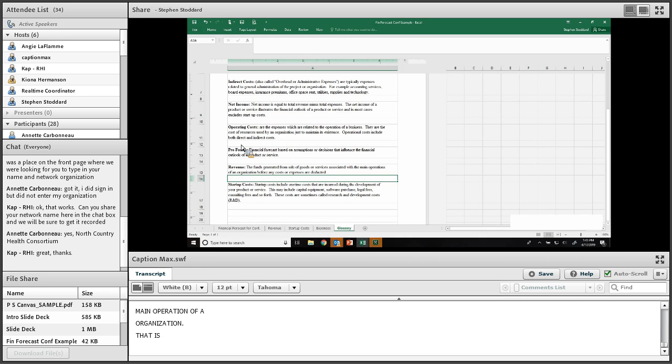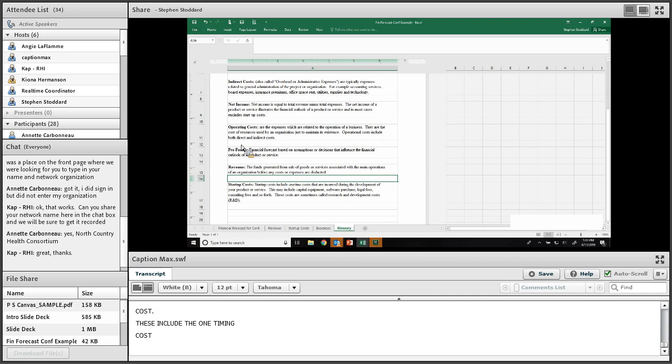You might hear the term pro forma as well. And pro forma is a financial forecast based on assumptions or decisions that influence the financial outlook of a product or service. So we're calling ours a financial outlook, but you may also hear that term pro forma, and that's the same thing.